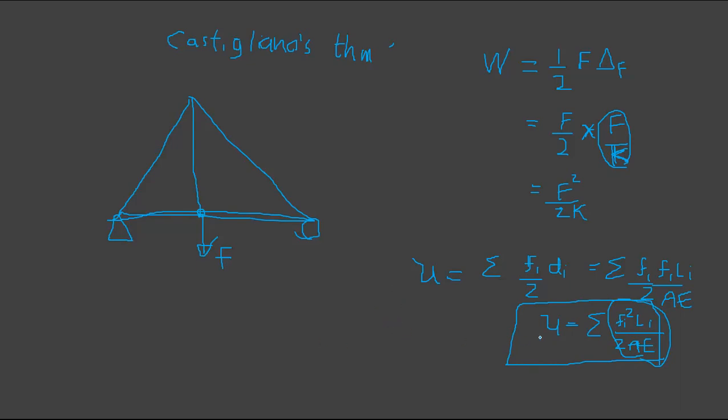So you can see this Fi is actually due to this capital F. That means Fi is a function of capital F. According to capital F, Fi will change. That's the basic idea.